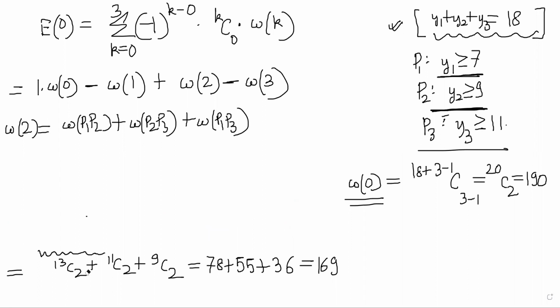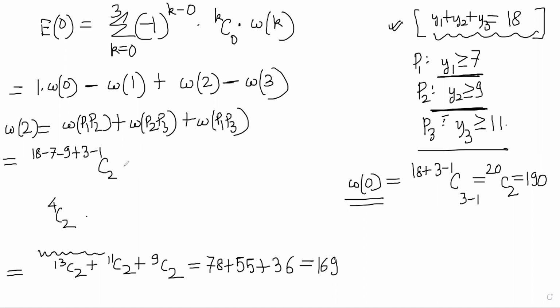We will get W of P1, P2 by saying P1 and P2: 7 and 9 are already given to y1 and y2. And after that, we can solve it by doing 18 minus 7 minus 9 plus 3 minus 1 C2, right? So this will be 2 plus 3, 5, minus 1, 4 C2.